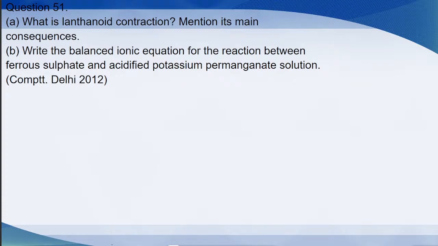So yes beta, what is lanthanoid contraction? Yes, it is steady decrease in ionic radius. Steady decrease in ionic or atomic radii along the series. That is called lanthanoid contraction.